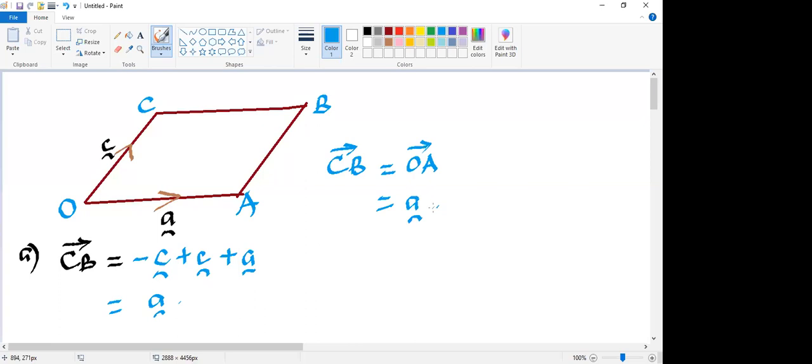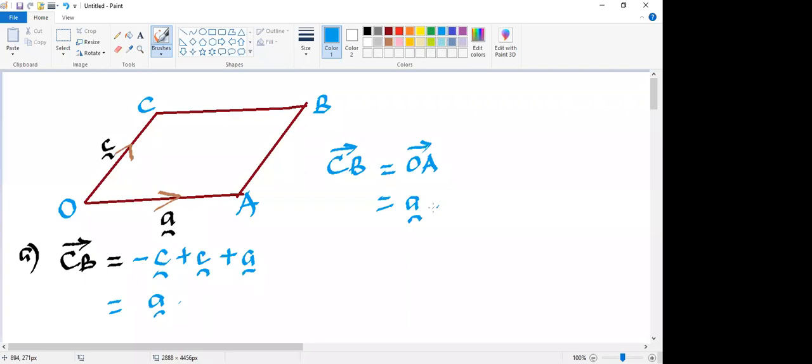The side CB and the side OA are equal. Alan, if you check yourself, you are also using that knowledge, because you told us that AB is equal to OC. So you are taking a longer route.